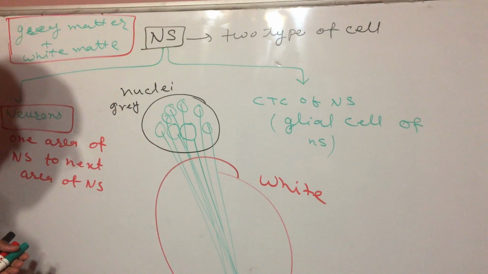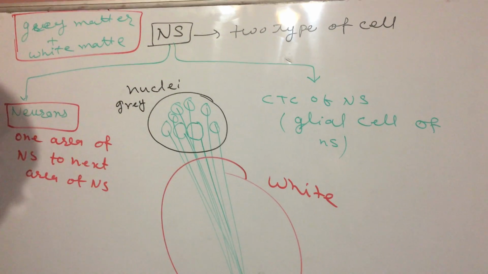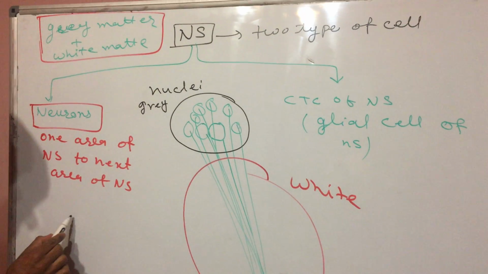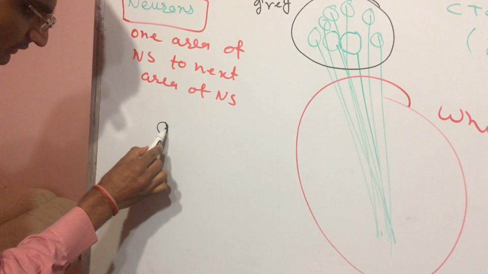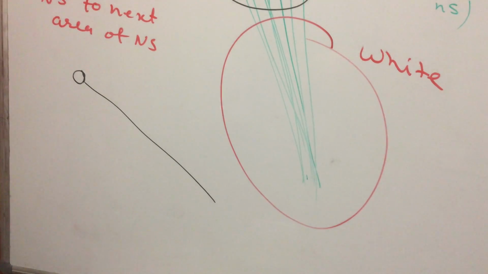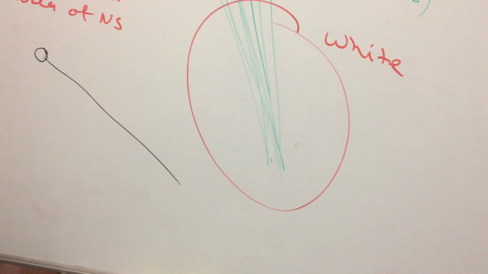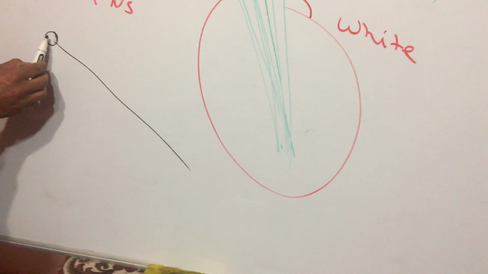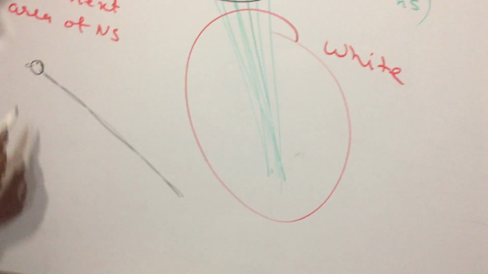how will we remember these things? We can say this is a sperm, one thing that has a long tail. A sperm also has a long tail, and this is the head. Or we can say this is a mouse, and the mouse has a long tail.